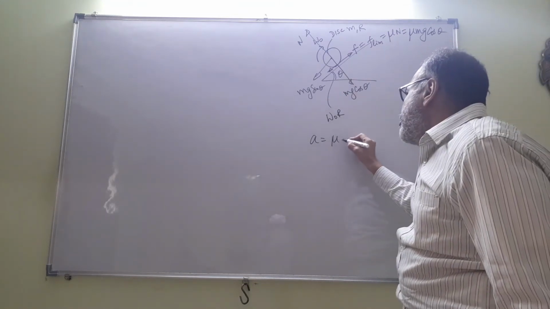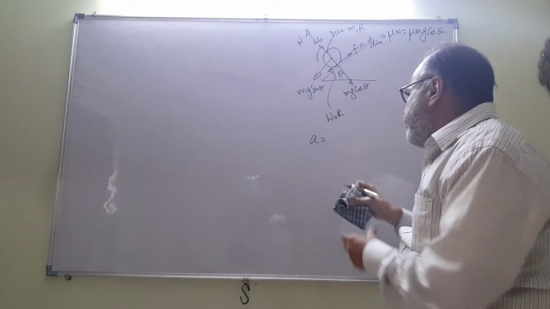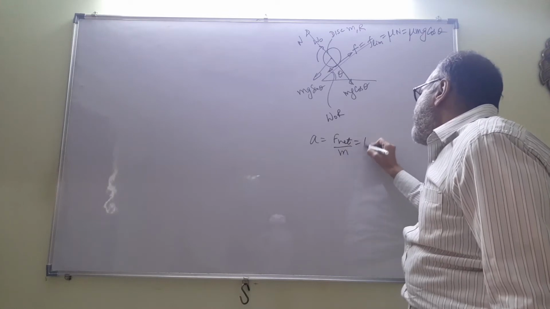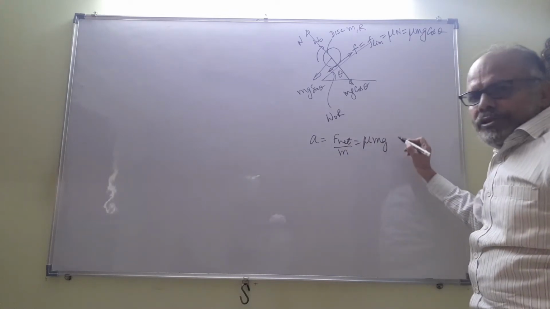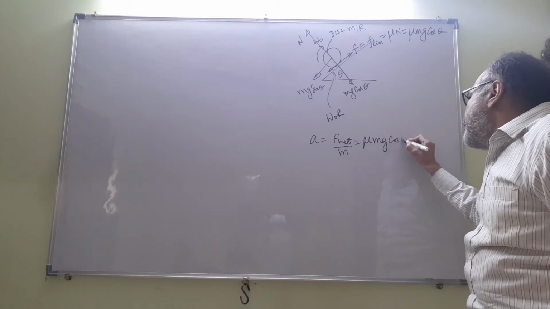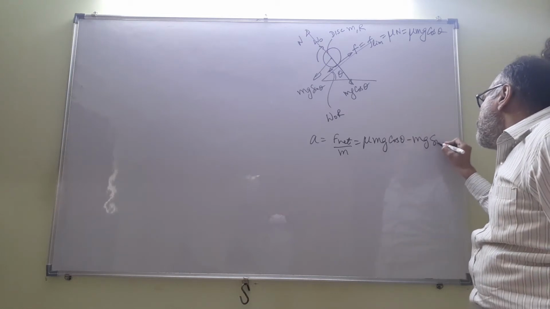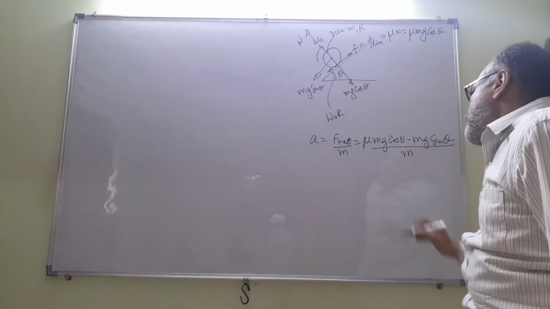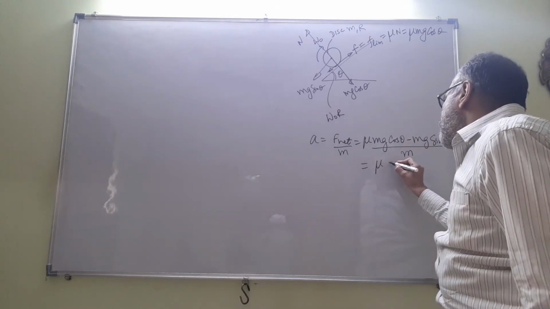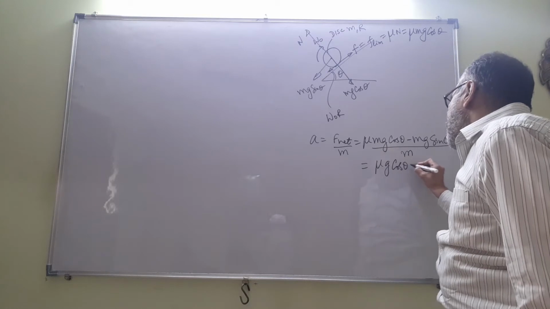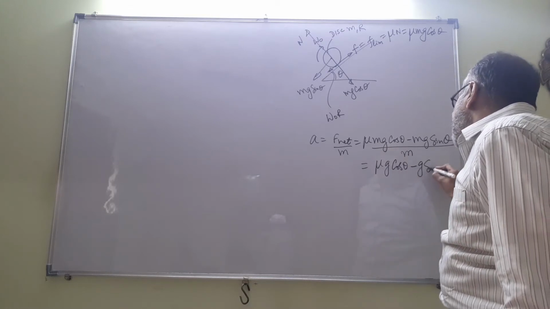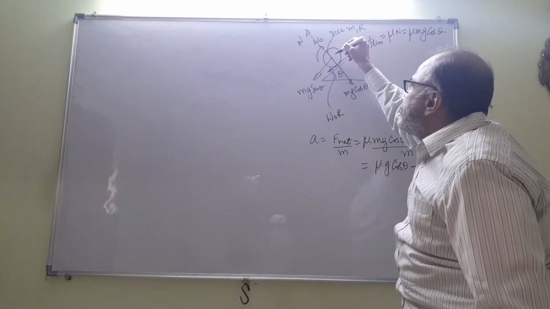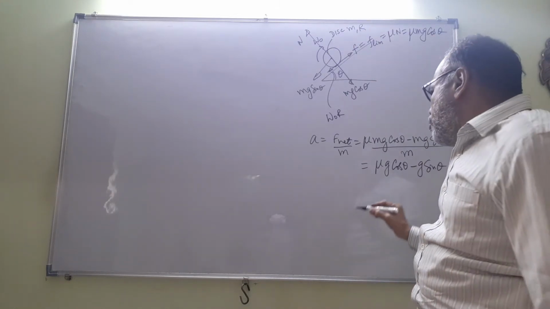So acceleration would be net force F net divided by the mass. F net would be mu mg cos theta minus mg sine theta, divided by m. So your acceleration is going to be mu g cos theta minus g sine theta. So the initial linear velocity of the center of mass is 0.